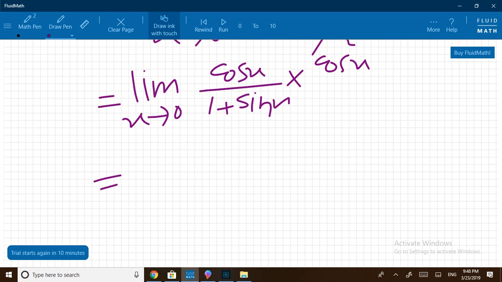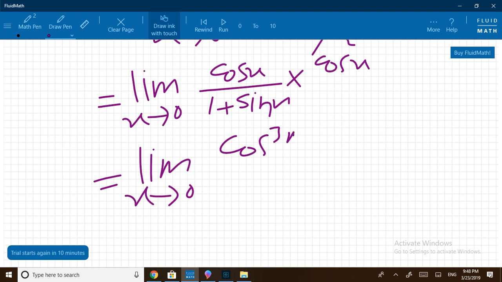So this will be equal to the limit as x approaches 0 of cos cube x divided by 1 plus sine x.